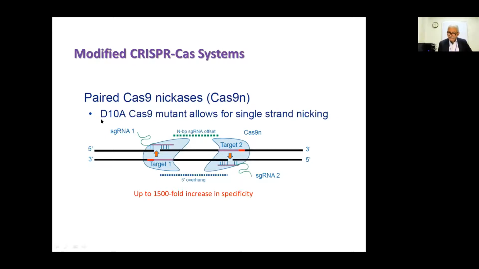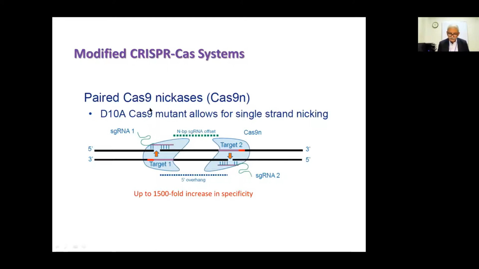They modified the Cas9 by substituting the amino acid aspartic acid at position number 10 with alanine. That is a D10A mutation of Cas9. So what happened by this mutation? Cas9 started cutting a single strand instead of cutting on both sides of the double-stranded DNA.